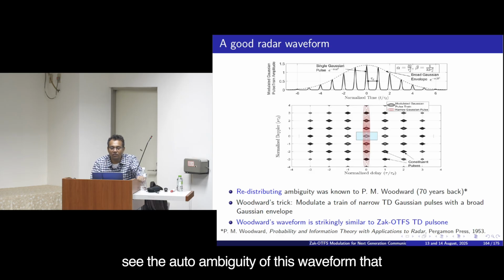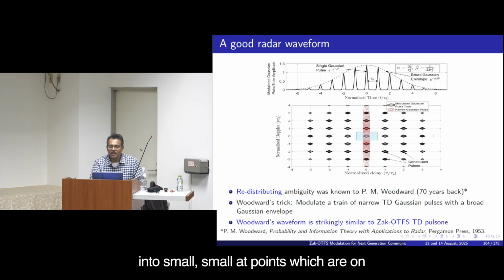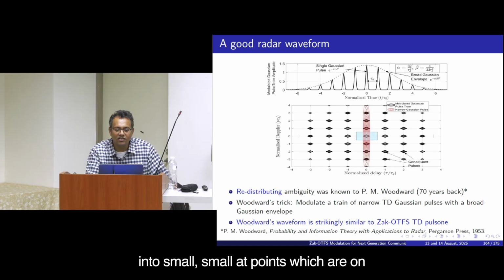auto ambiguity of this waveform that Woodward was proposing in his book, you see a very nice interesting thing. You see that it is not concentrated along one direction, he is dividing that entire ambiguity of 1 into small points which are on this grid.